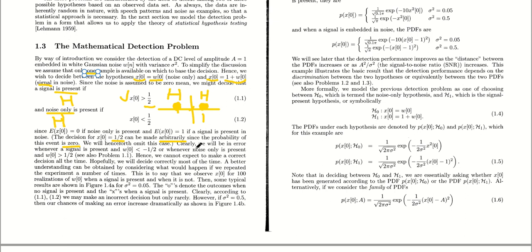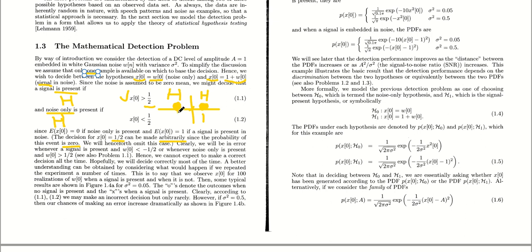So clearly we will be in error whenever a signal is present and then x0 is smaller than half, or whenever noise only is present and x0 is larger than half, right? So how will we make errors?